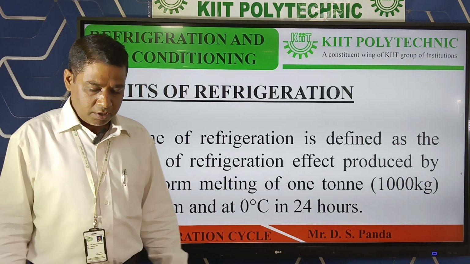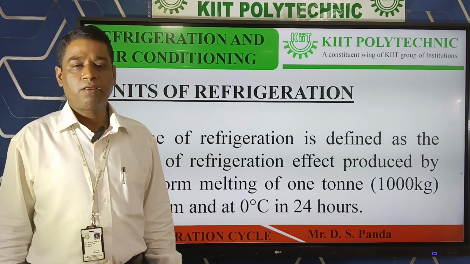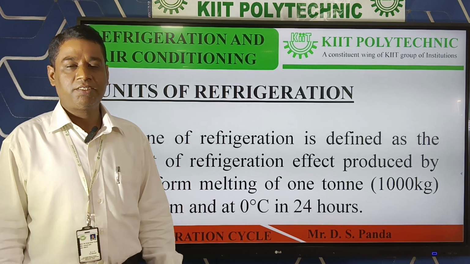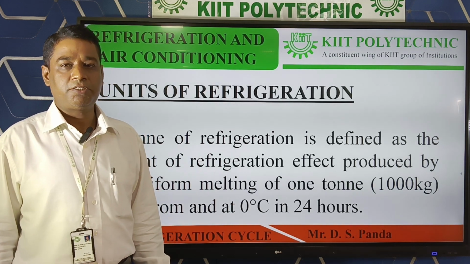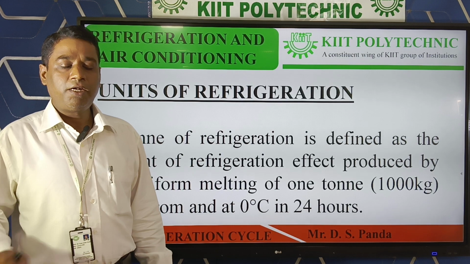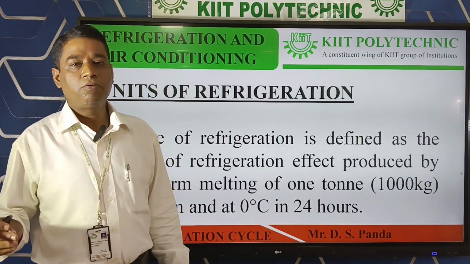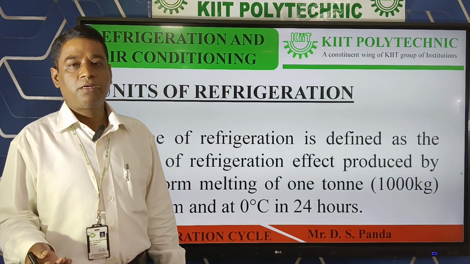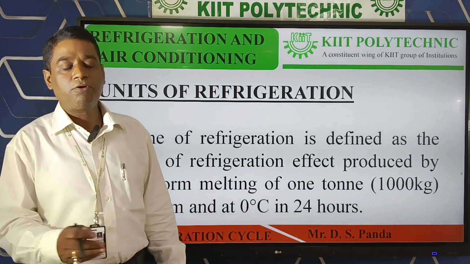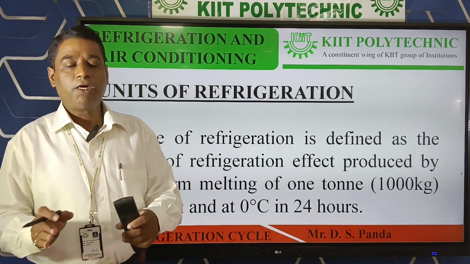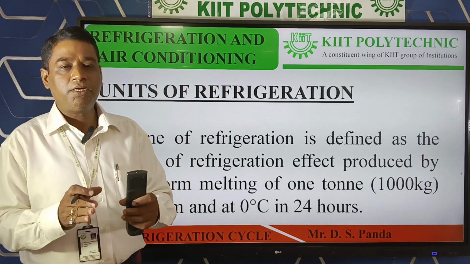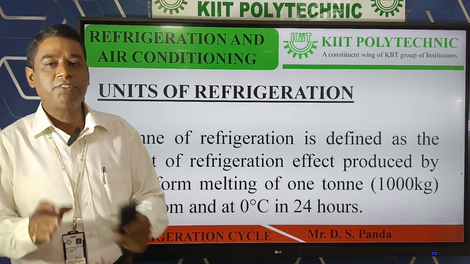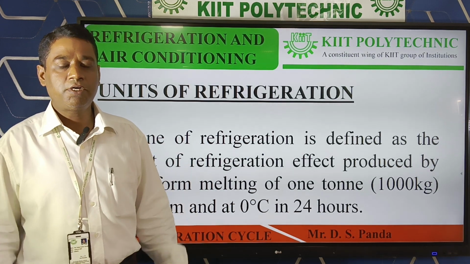Suppose we take a sample of 1 ton of ice, meaning 1000 kg of ice at 0 degrees temperature. At that temperature, we need to supply heat for uniform melting. So heat addition continues. What happens? The ice at 0 degrees converts to water at 0 degrees. Only a phase change occurs; there is no change of temperature.